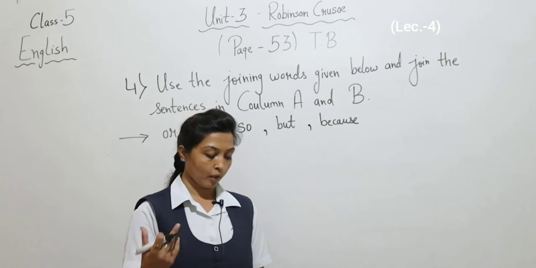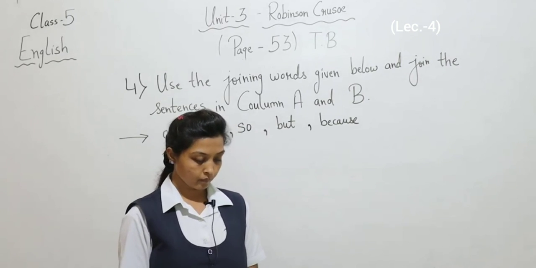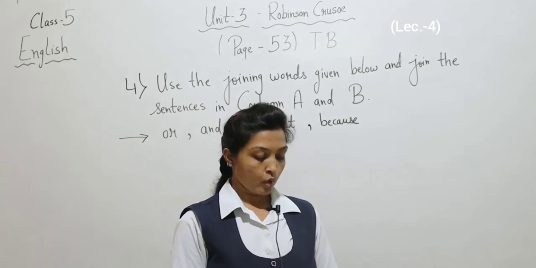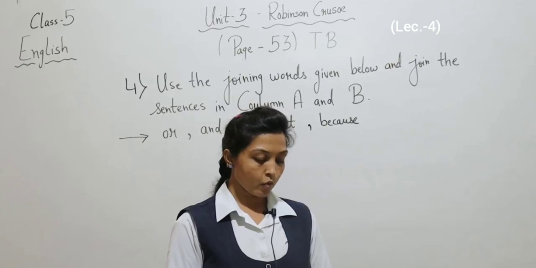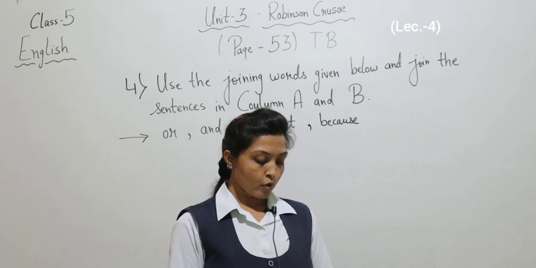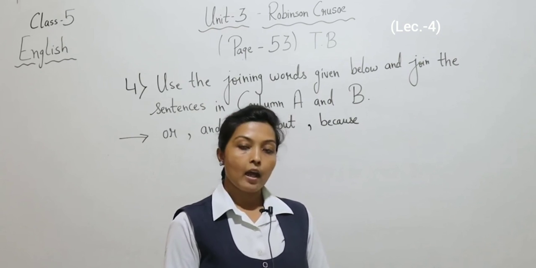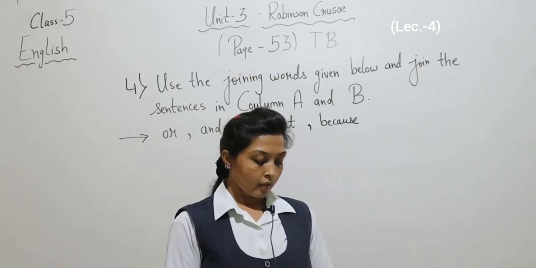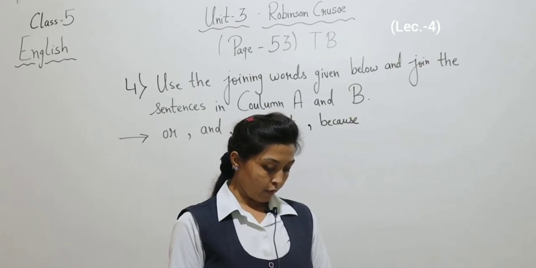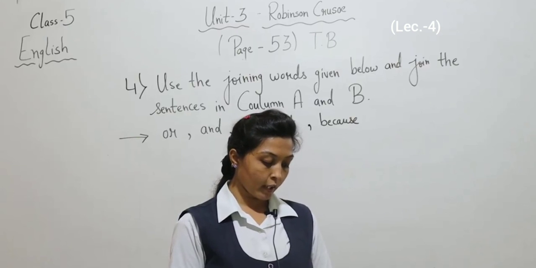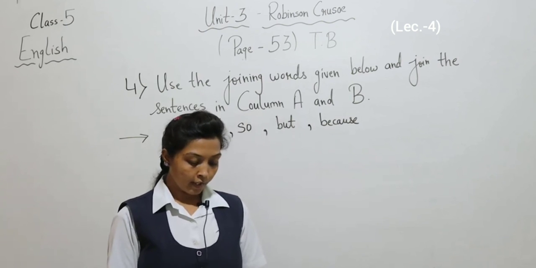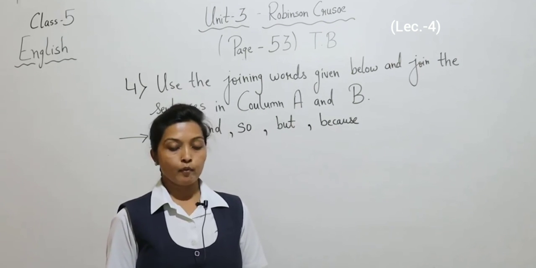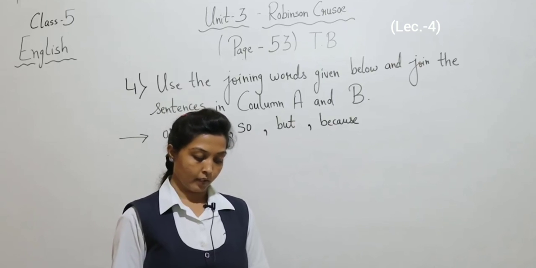It is given in column B. Then 2: she wore a raincoat because it was raining. 3: we may go to Shimla and Darjeeling. 4: he wanted a book or a football for his birthday.